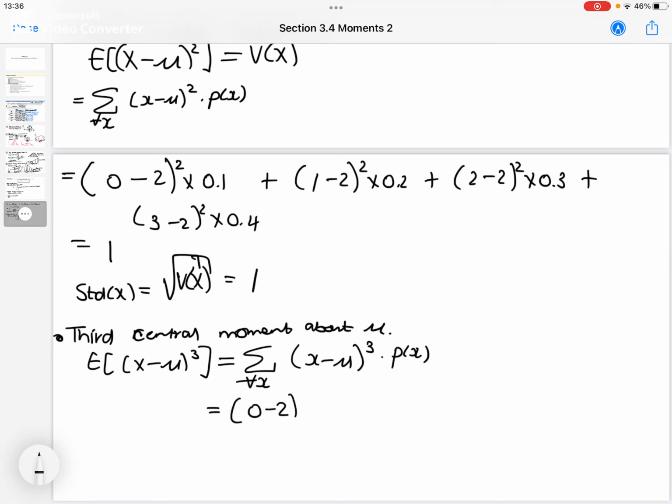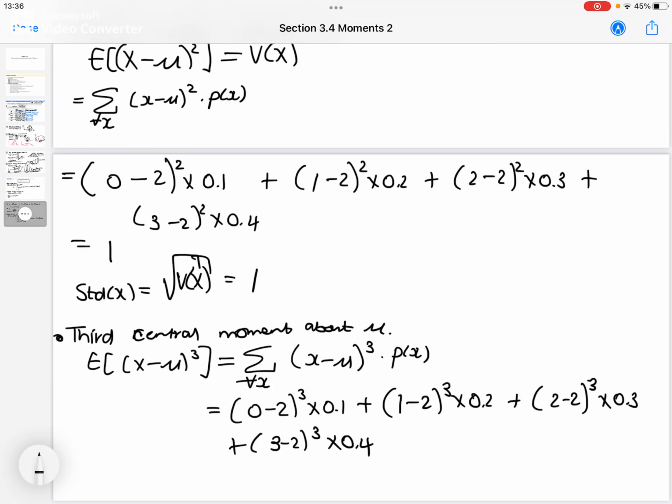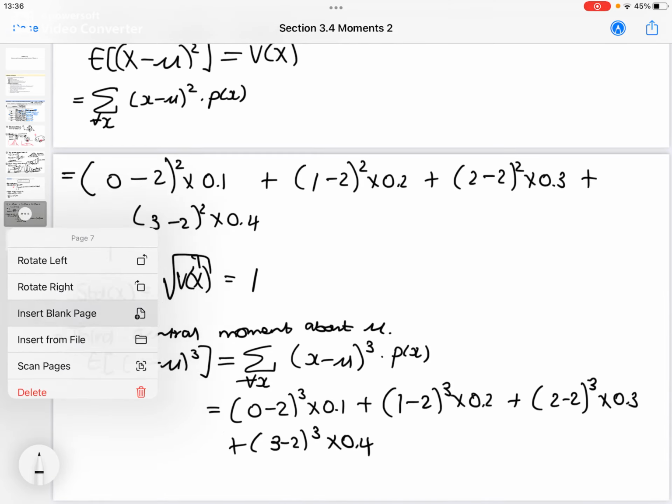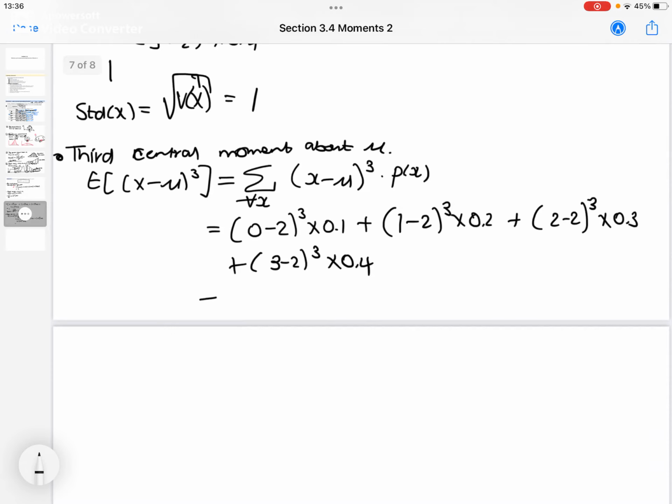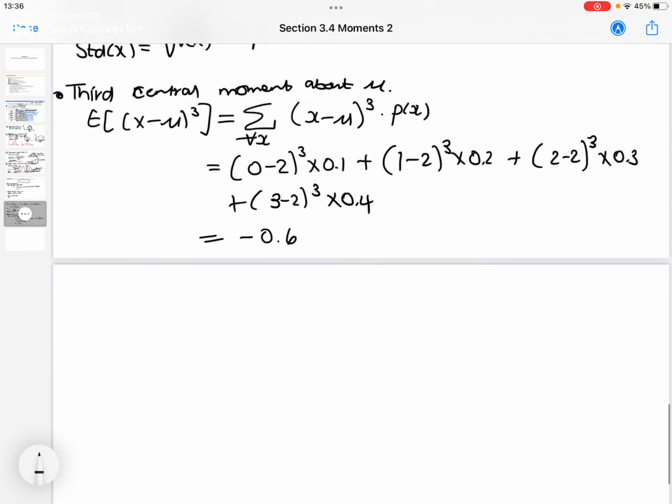Now this is equal to (0 minus 2) all cubed times 0.1 plus (1 minus 2) all cubed times 0.2 plus (2 minus 2) to the power 3 times 0.3 plus (3 minus 2) all cubed times 0.4. Alright, and now this is equal to negative 0.6.